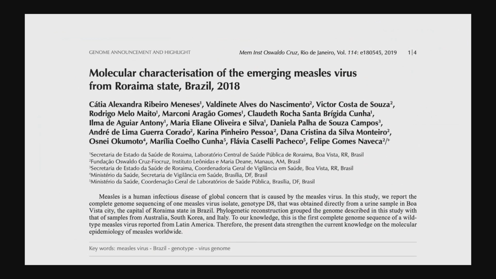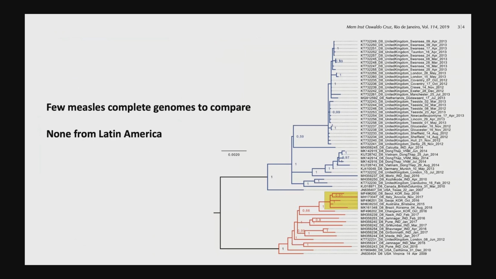In fact, the first genome that we did for measles was with a Sanger-based sequence, but we designed those protocols to be used on NGS, and we were able to recover the entire genome of different samples of measles genotype D8 using this protocol.